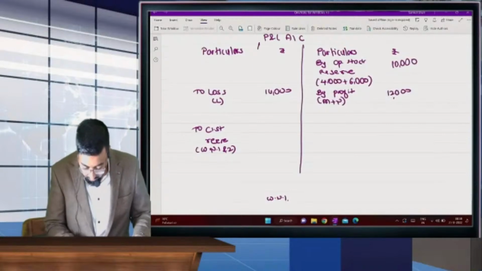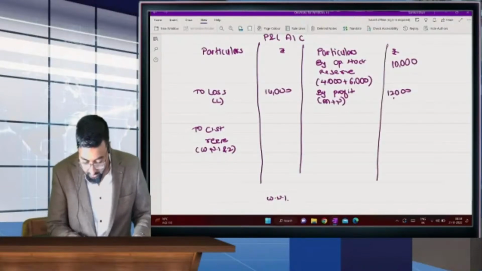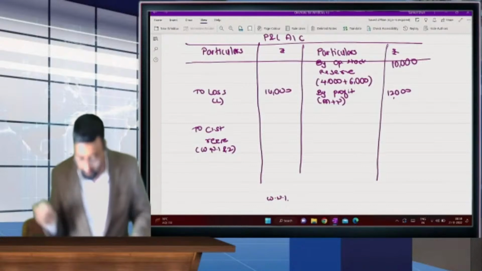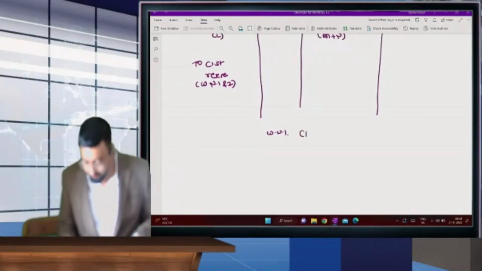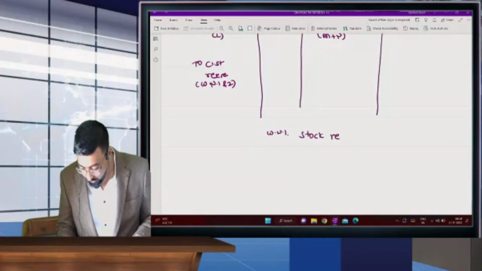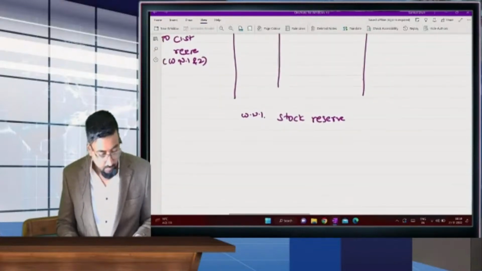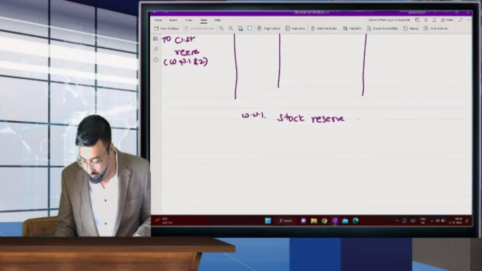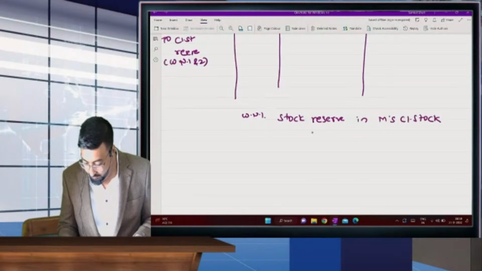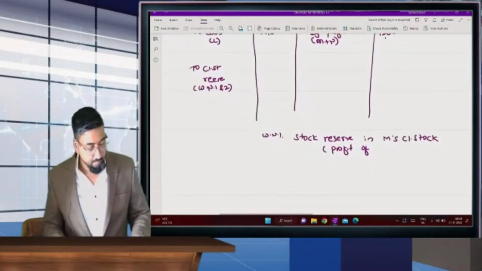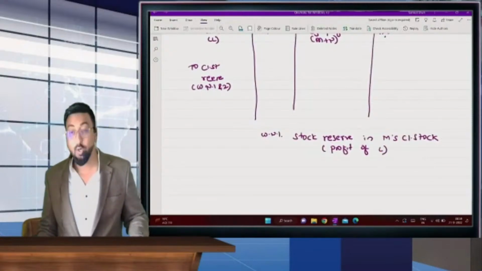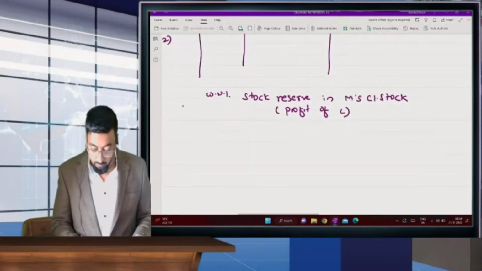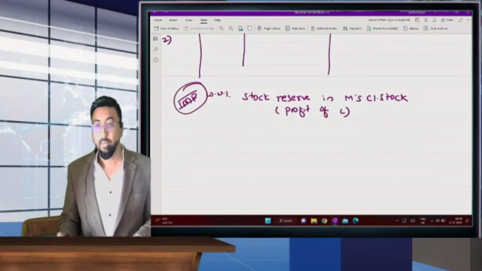P&L is of only one column, beta. Working note 1, stock reserve in M's closing stock. Its profit will be the profit of L. Now this is a very important working note. Profit of L.